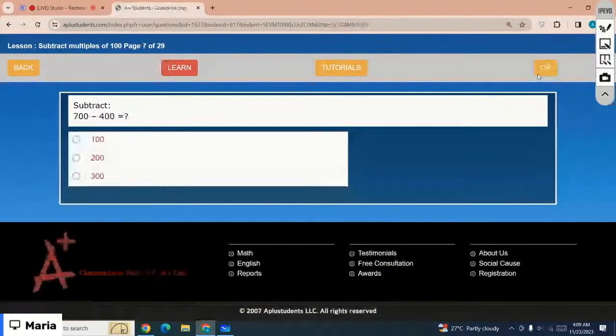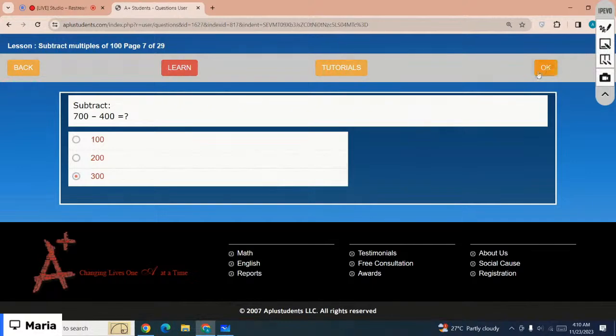Next, 700 minus 400 equals 300, because 7 minus 4 is 3. So the correct option is 300.